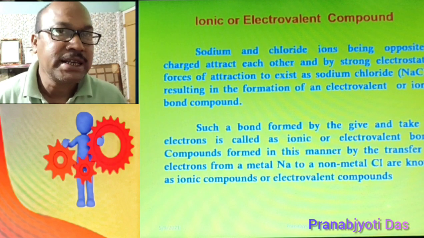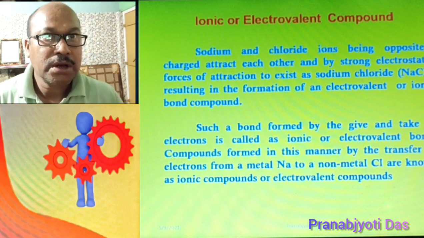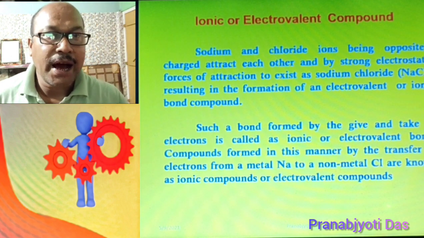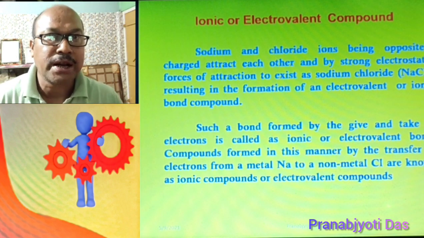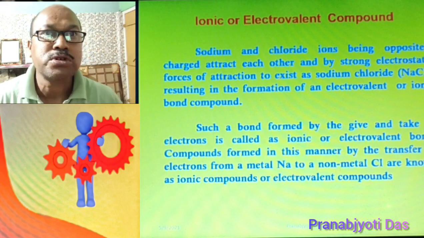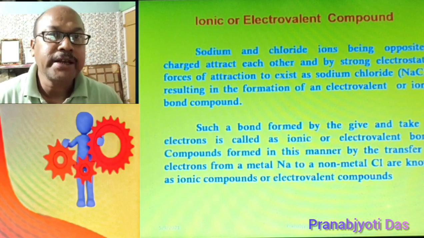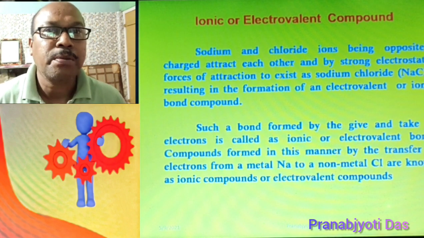An ionic compound is one that is formed by the electrostatic force of attraction between ions. When ions of metal and ions of non-metal, meaning the cations and anions, are held together, the compound formed is called an ionic compound. They are also called electrovalent because the electrostatic force of attraction holds these ions together to make the compound. So sodium chloride, magnesium chloride, etc., all salts are ionic compounds.